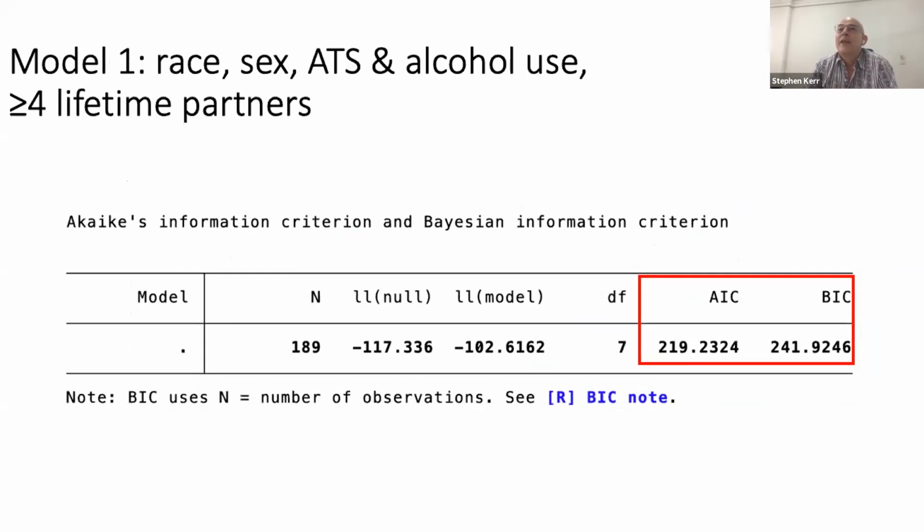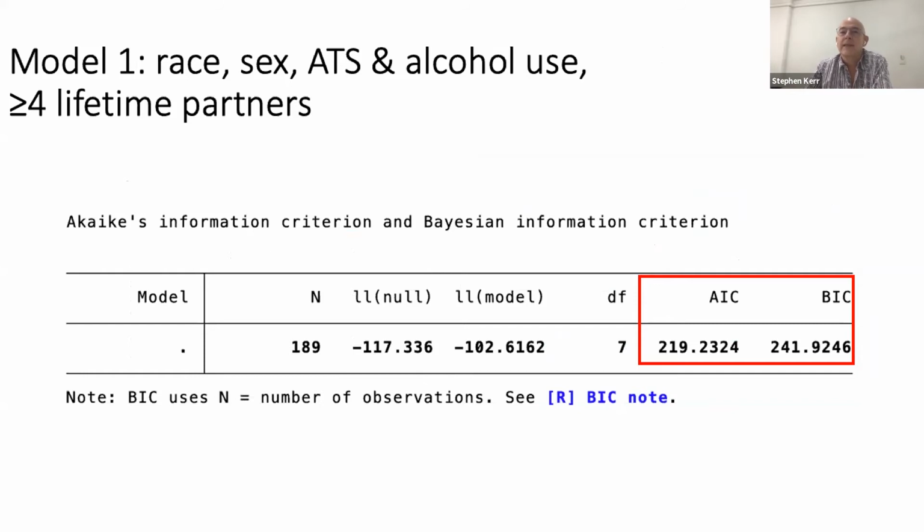Then for this model, we can also look at the AIC and the BIC. And when we're just looking at a single model, it doesn't tell us much. But I'm just showing you the AIC here is 219 and the BIC is 241.